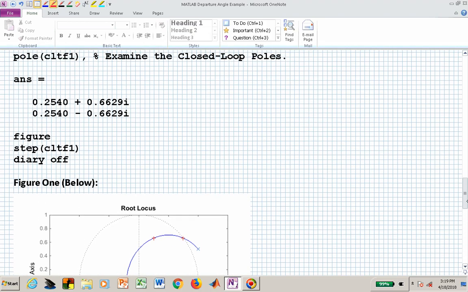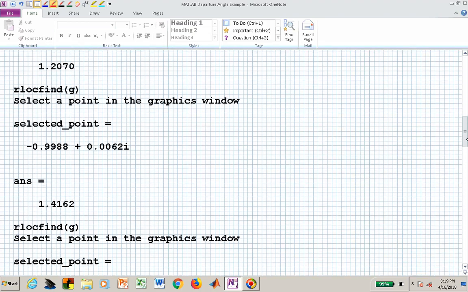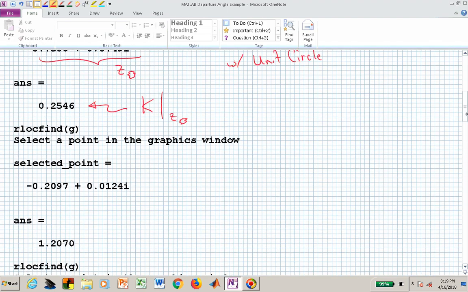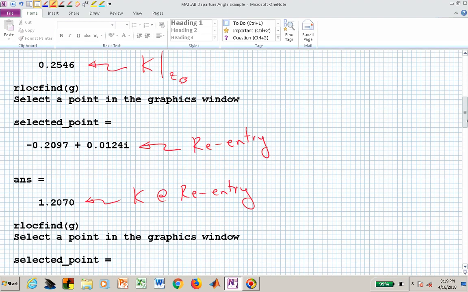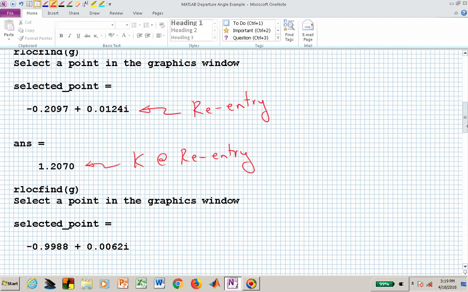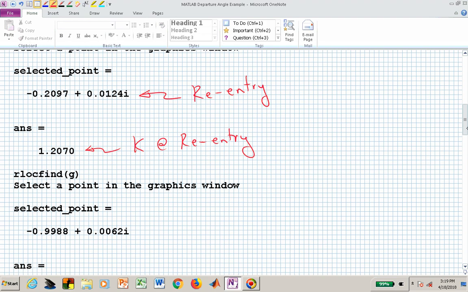And if we look at that corresponding to -0.2, we can see now that the gain at re-entry is now 1.2. And that's less than what we calculated as the upper limit on stability for K, which is a good thing.